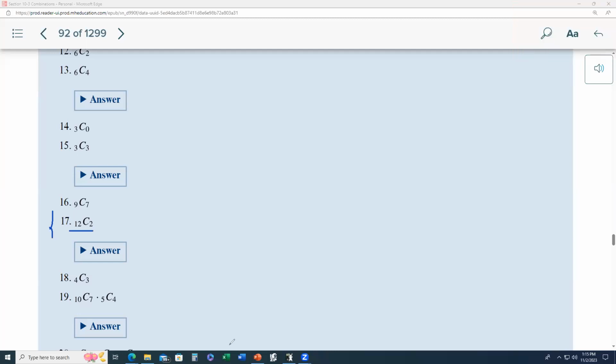Can you also just use the calculator on this? Yes, by all means. However you want to do it. The door is wide open. So I just want you to figure out what 12 in combination with 2 is there.